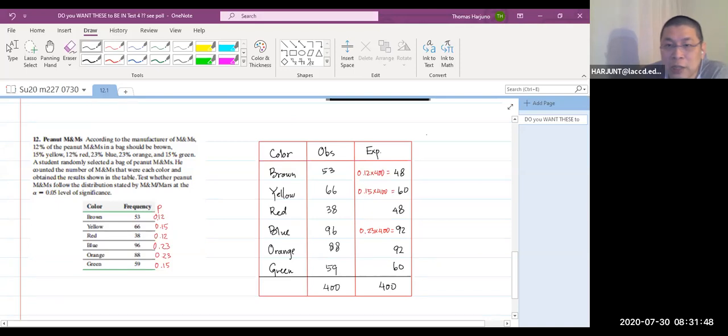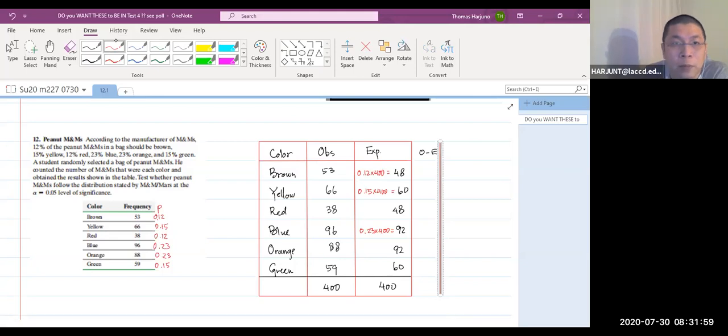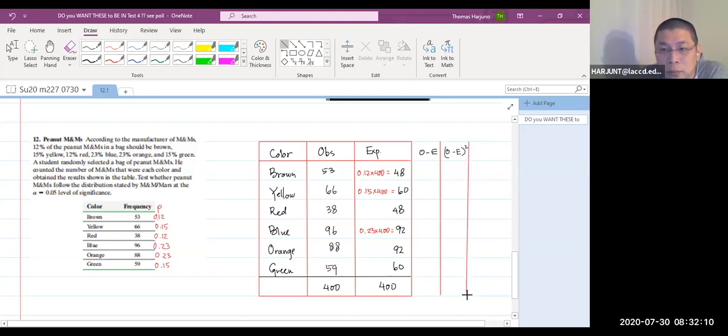Now let's do the extension. The observed minus expected, and then we go on with observed minus expected squared. I do it by hand here. And then observed minus expected squared over E, expected.